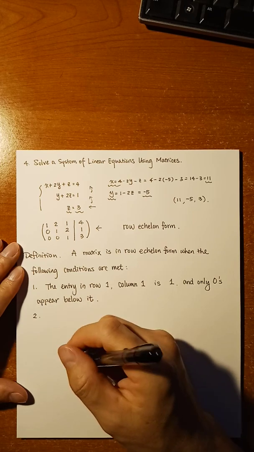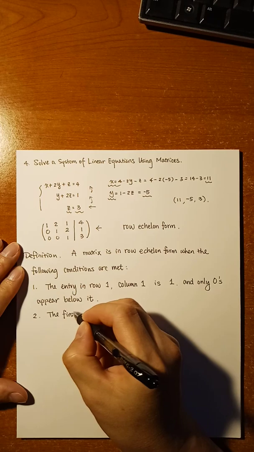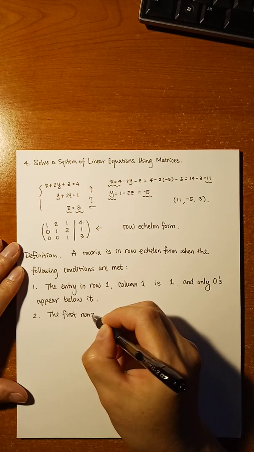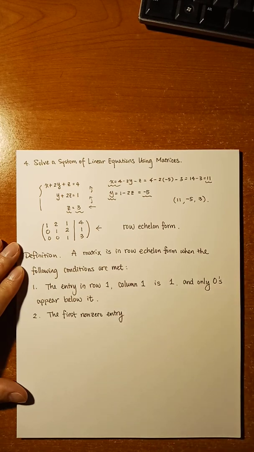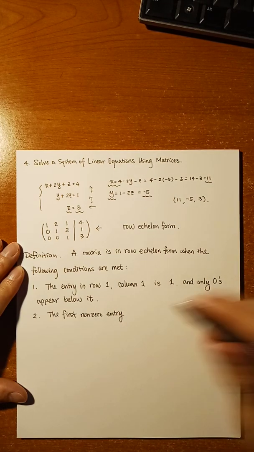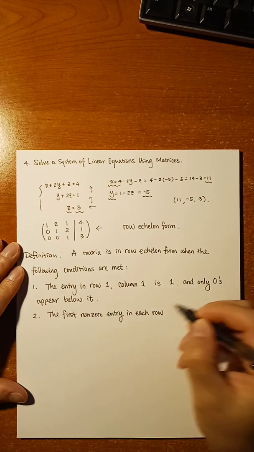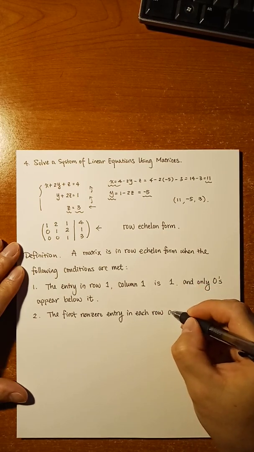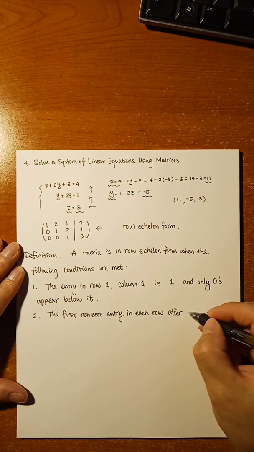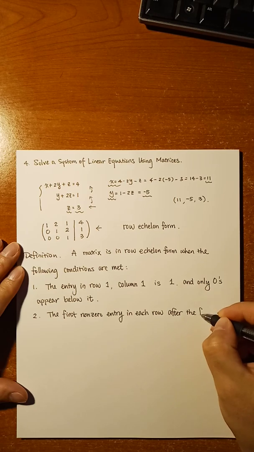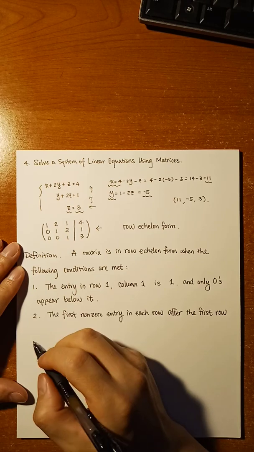And second, the first non-zero entry in each row after the first row is 1.